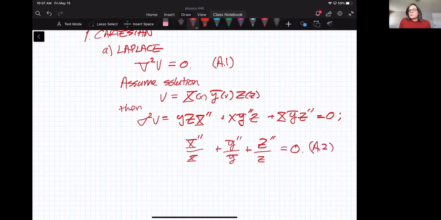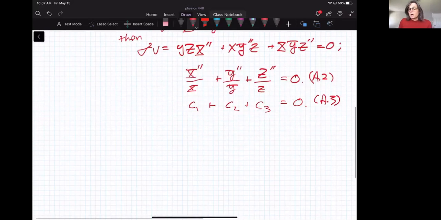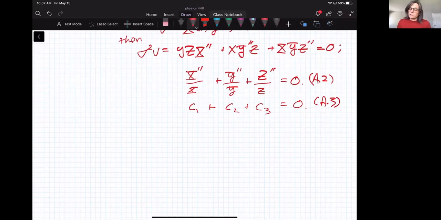And as far as each of these equations are concerned, that means that these are equal to 3 different constants that sum to 0. We know that depending on the boundary conditions, we can choose the appropriate value of the constant.